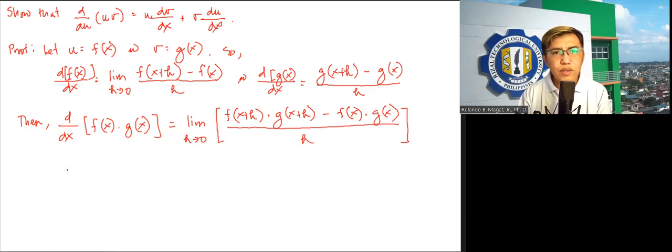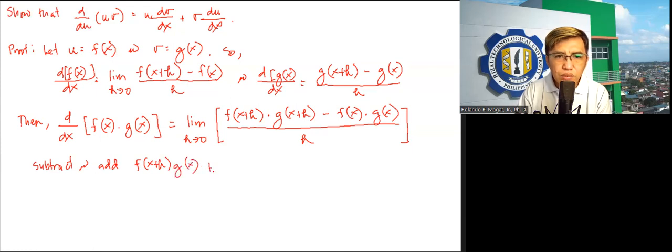So what we need to do here, since we can no longer proceed, is to do some algebraic manipulation. We need to subtract and add f of x plus h times g of x to the numerator. Okay?